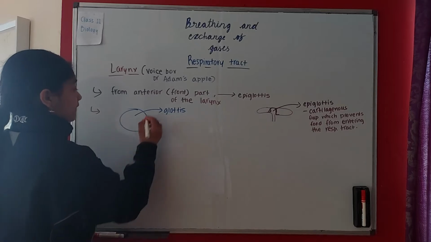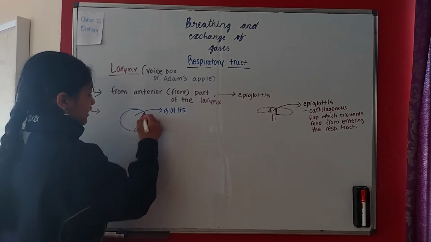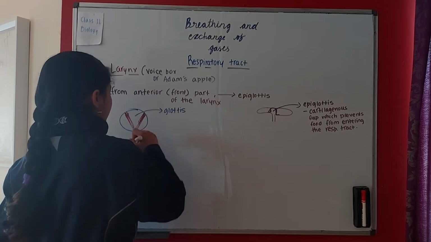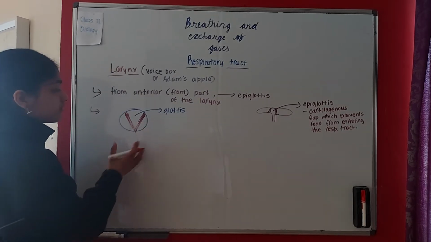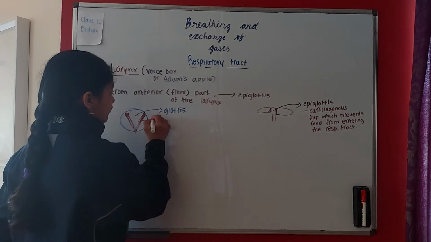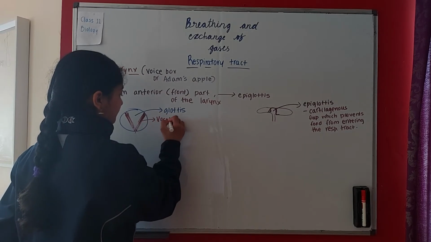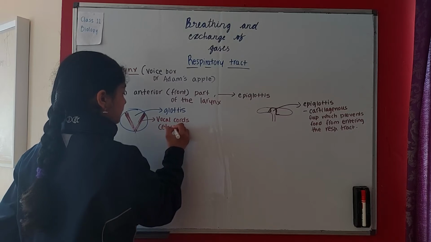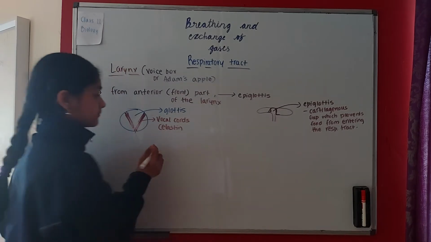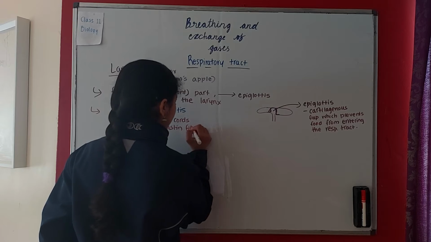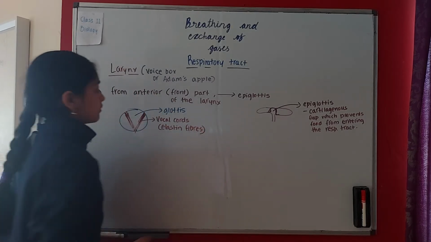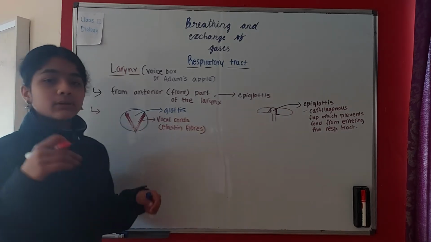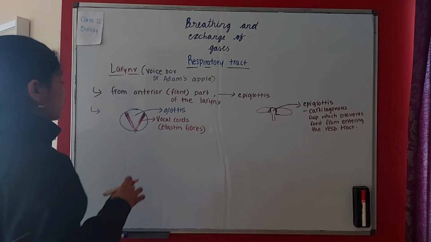Now there are some elastin fibers which are present when we see this larynx in the transverse section. Those are nothing but vocal cords. These are basically elastin fibers, which means that they can stretch. So this is the glottis and these are the vocal cords. So the glottis is the space between the two vocal cords.